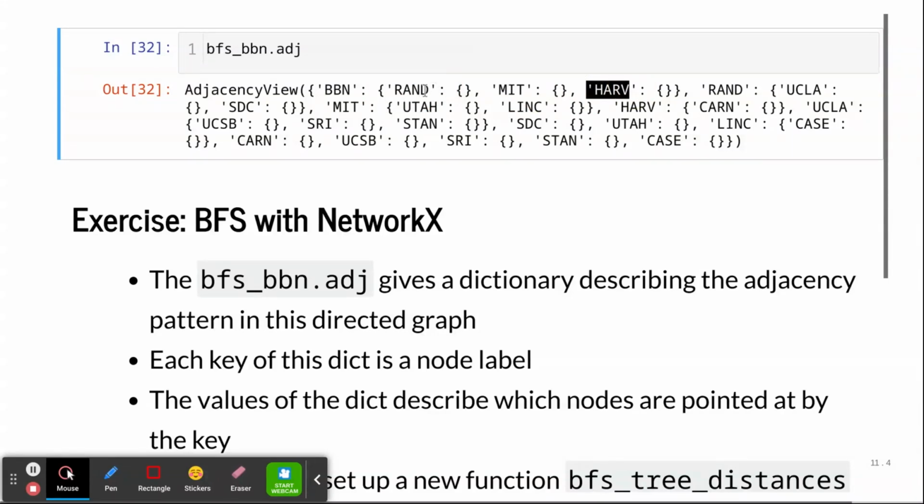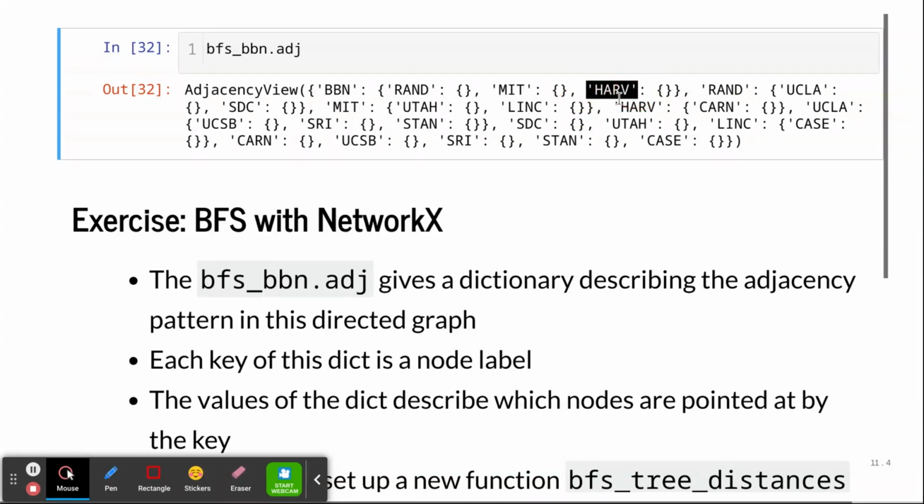To find all of the distance two nodes, we go to RAND and find its element here. It says that from RAND, the new nodes we can reach include UCLA and SDC. From MIT, the new nodes we can reach include Utah and Lincoln.